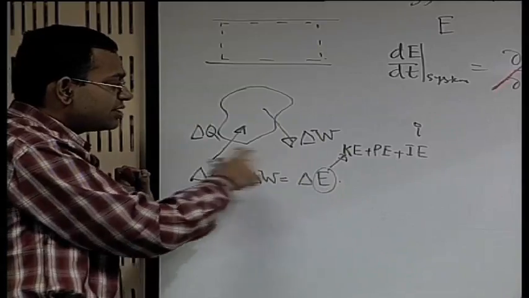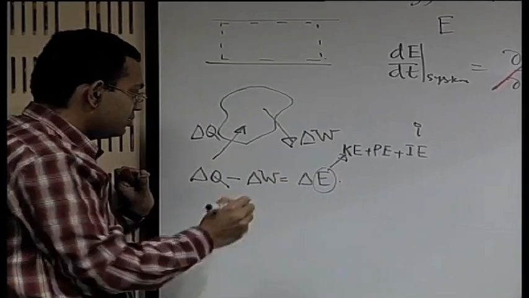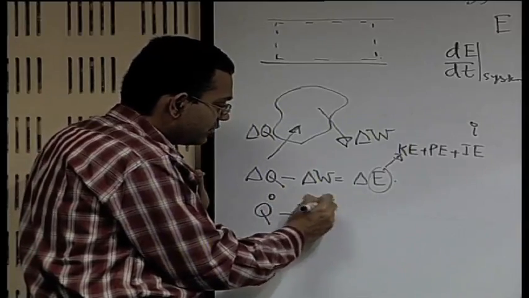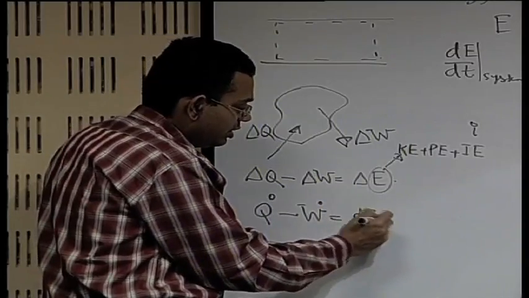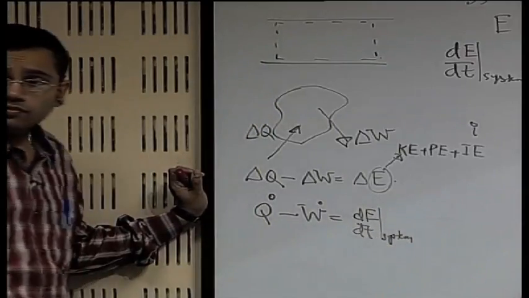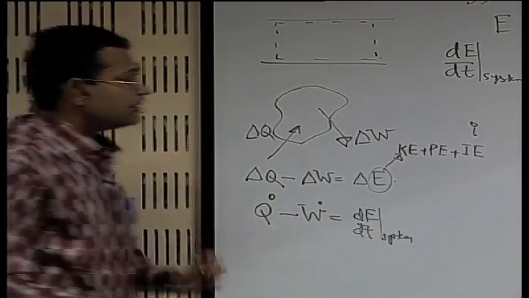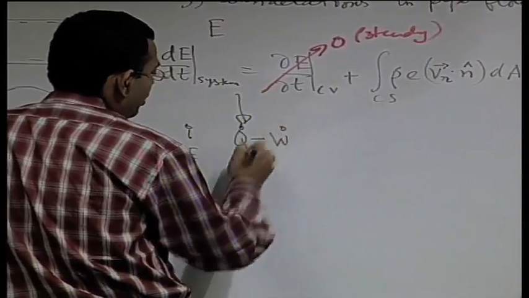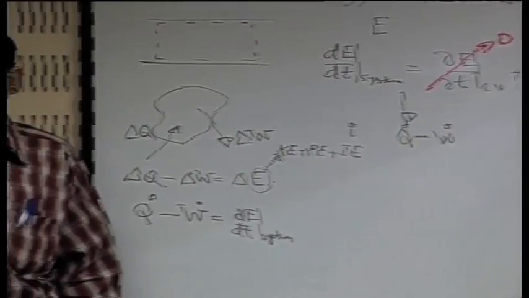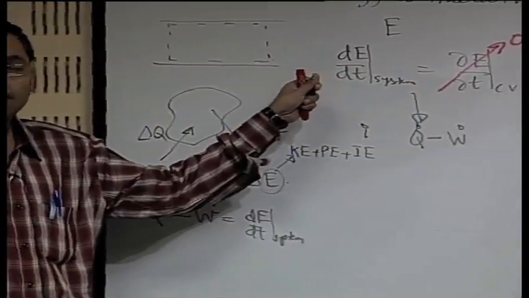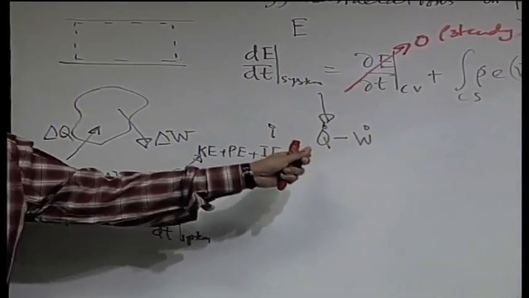Now this equation you can also write as a rate equation. So you can write Q dot minus W dot is equal to dE/dt of the system. Q dot minus W dot for a system, but in the limit as delta t tends to 0, this is the same for the control volume as well.